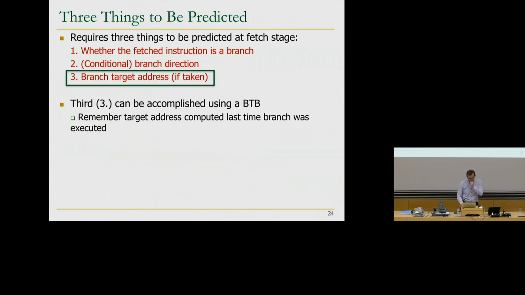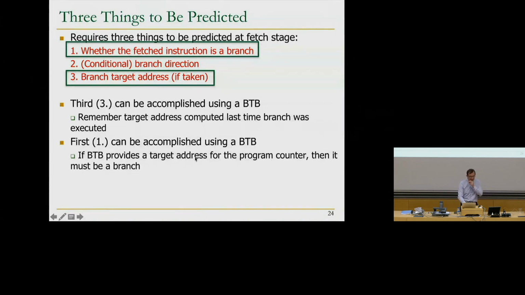Okay, so I've already given you this. Basically, the third one, branch target address prediction, can be accomplished using a BTB. You remember the target address computed last time the branch was executed. The first one also can be accomplished using a BTB. Basically, if the BTB, branch target buffer, provides a target address for the program counter, then it must be a branch, because you recorded it, right? You don't record a target address into the branch target buffer if it's not a branch.